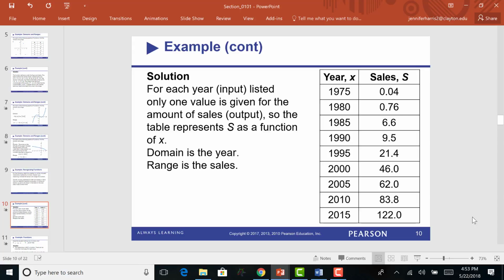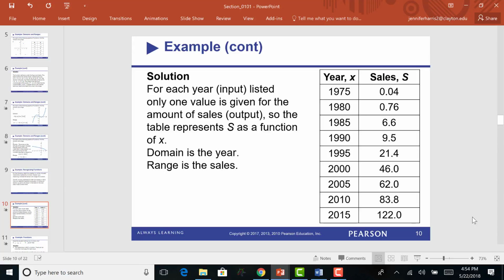What's the domain? 1975 to 2015, all the way from 1975 to 2015. What's the range? 0.04 to 122. So you're telling me they had 0.04 sales? They didn't sell even one computer?